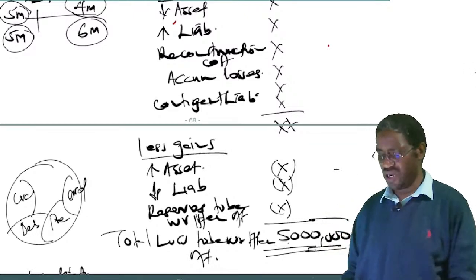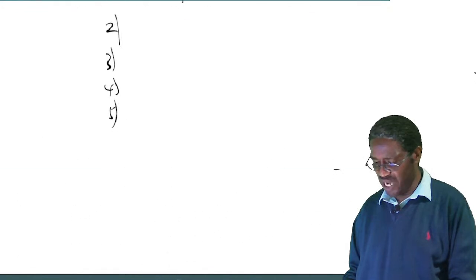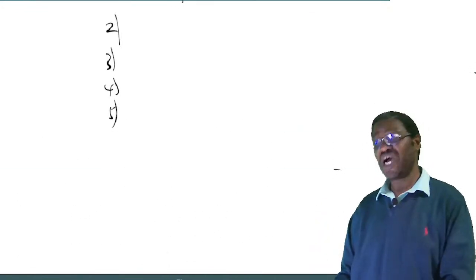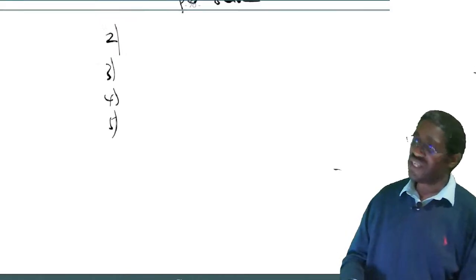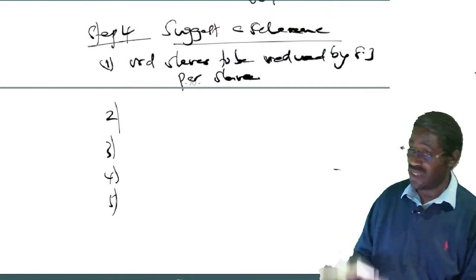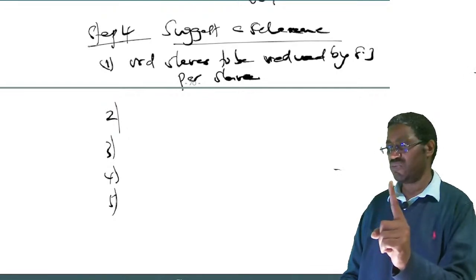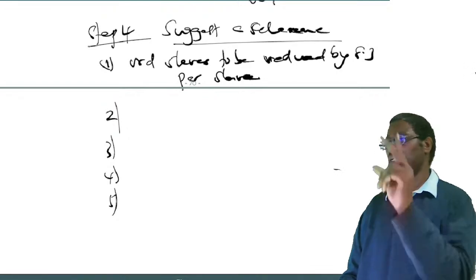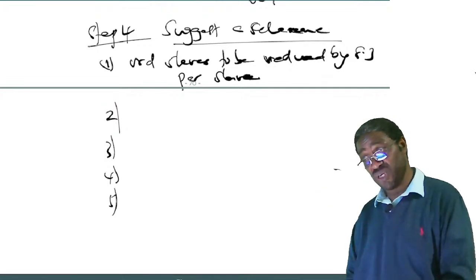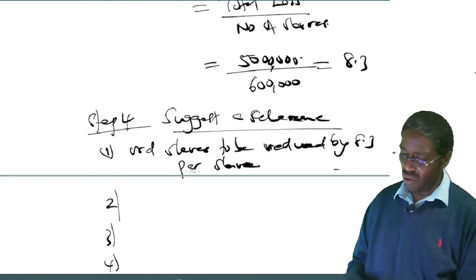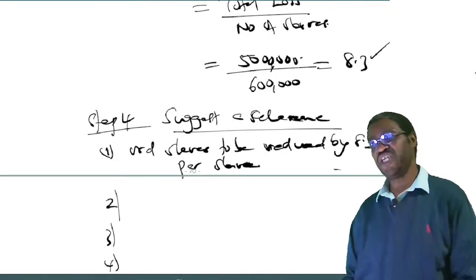Look at it now. I take you to step 4 now. Now that you know what is in step 1, I told you to suggest a scheme in step 4. One thing that must be part of the scheme is whatever you got in step 3. In our step 3, we said ordinary shares to be reduced by 8.3.